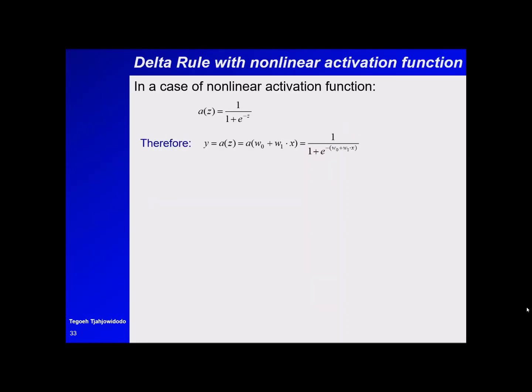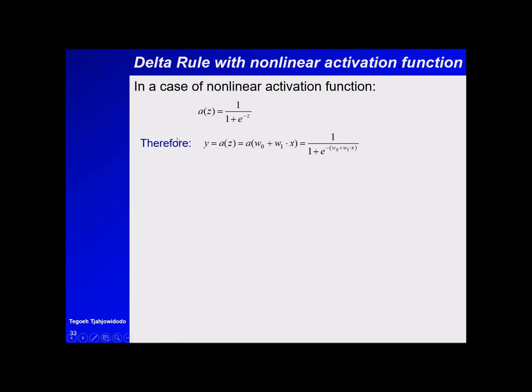So let's consider again a simple single net like what we did in the previous few slides, but we are going to use the following nonlinear activation function now. In such a case, the output of this single net y will be equal to this function for the input that is coming from the output of the node.